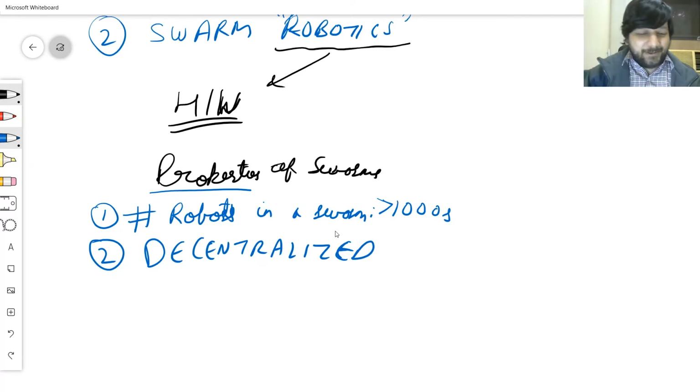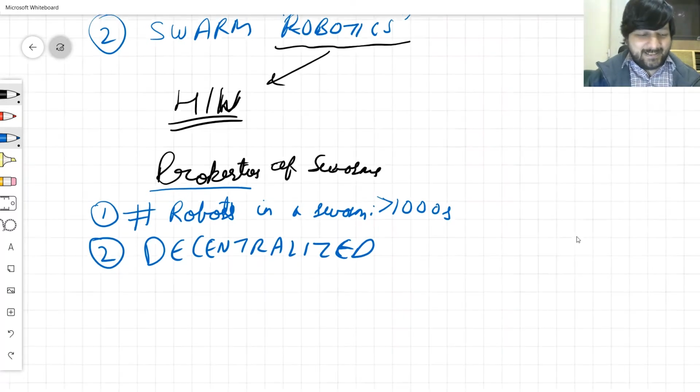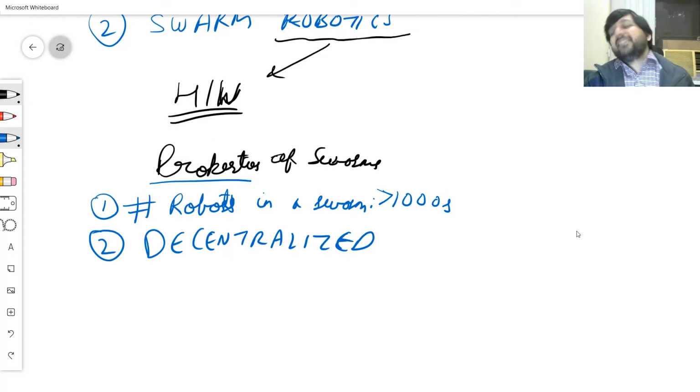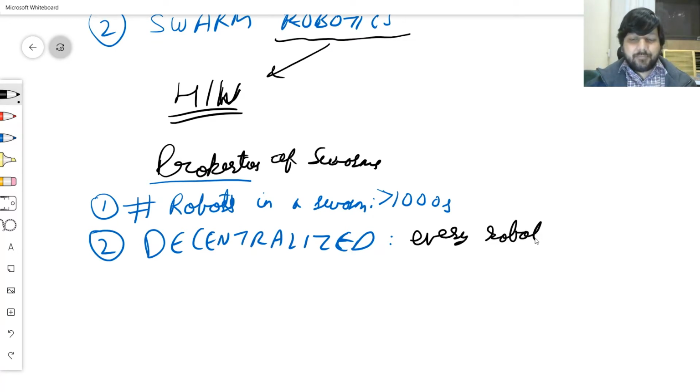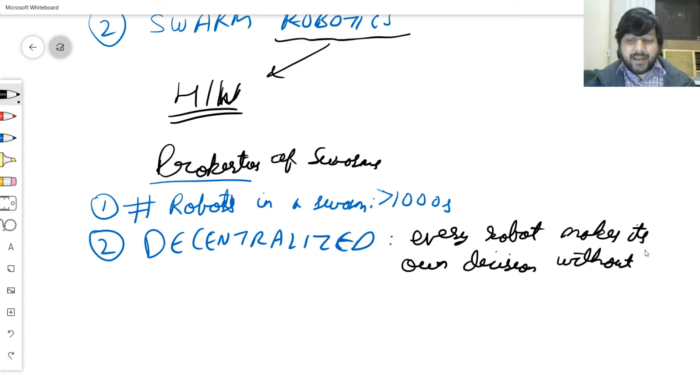Like, the director did not write the script of this lecture, neither did I. So decentralized systems mean every robot makes its own decision without any leader. So there's no leader who decides for all the robots.